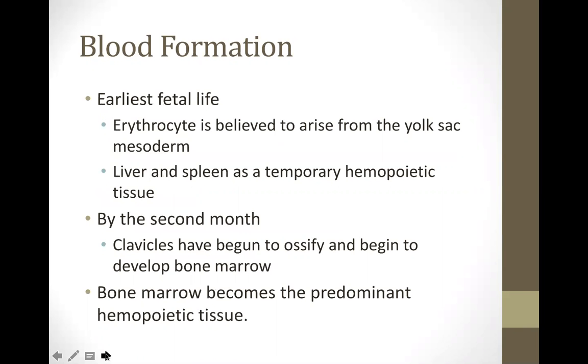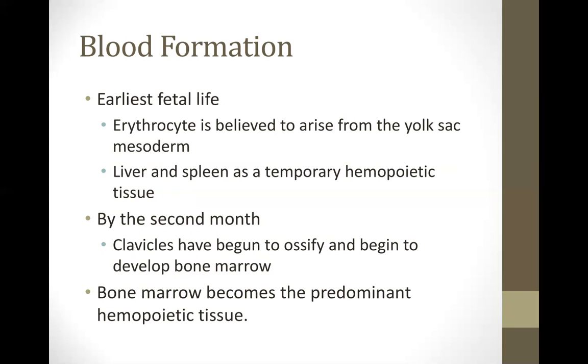Alright, so in the earliest fetal life, the RBC, or what we call the erythrocyte, is believed to arise from the yolk sac mesoderm. The liver and the spleen in the earliest fetal life serve as temporary hemopoietic organs.